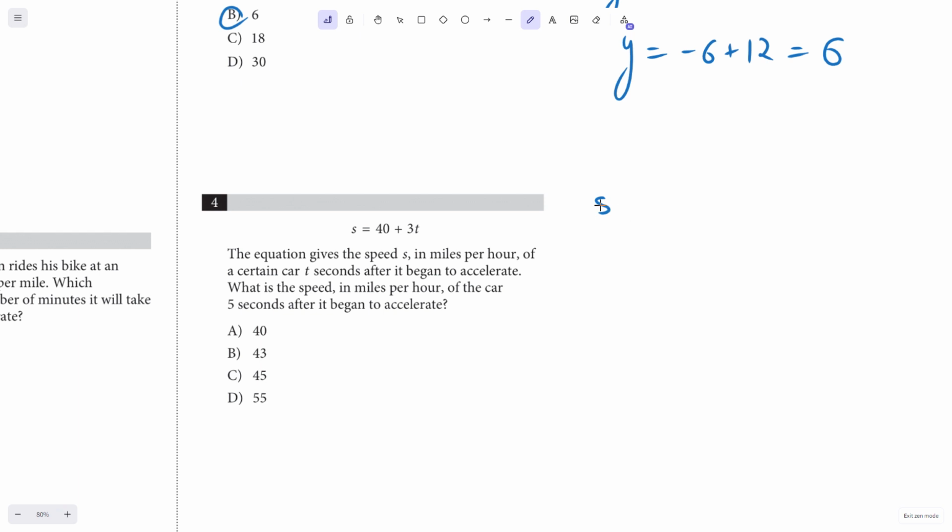So what is s 5 seconds after the car began the acceleration? Well, all we have to do is put 5 in place of t in this equation. So we have 3 times 5, and that's equal to 40 plus 15, and that gives us 55. The correct option is option D.